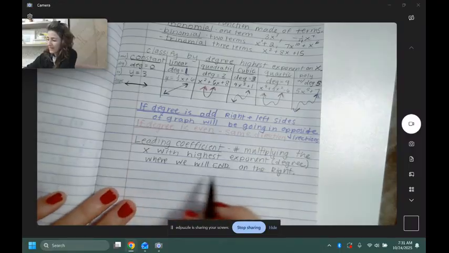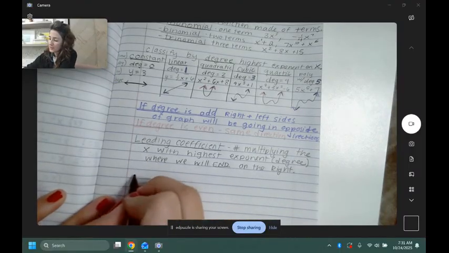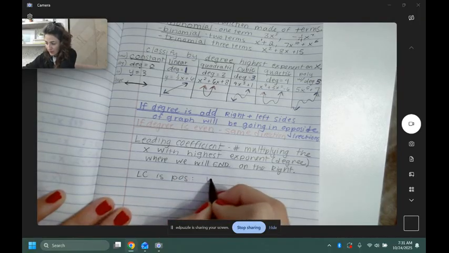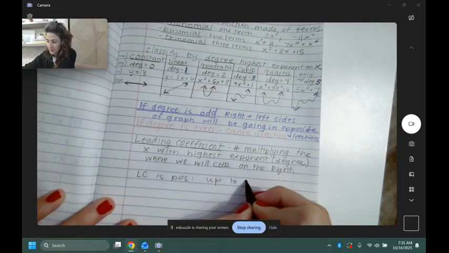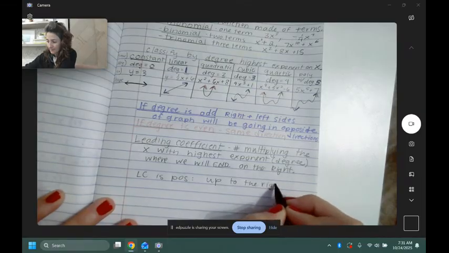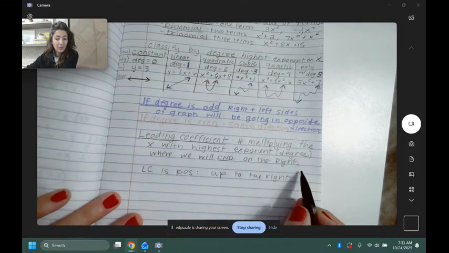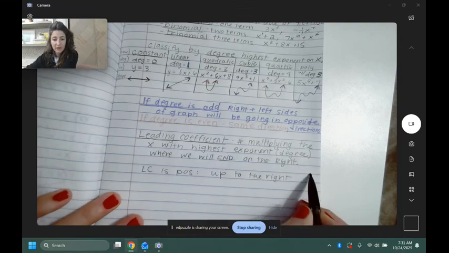So in the end, if your leading coefficient, LC, is positive, it's going to be going up to the right. If it's a quadratic, they'll both be going up. If it's cubic, it'll be going up on the right.